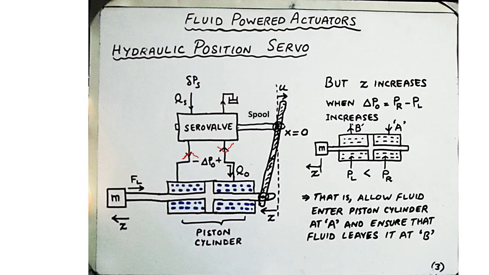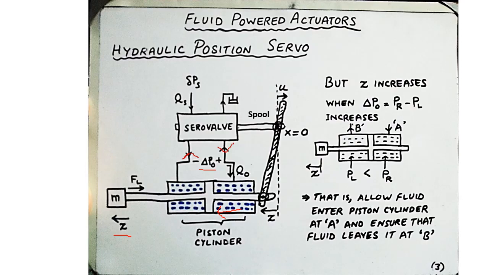However, the displacement Z is a consequence of the force applied to the piston over here. And that force must have come about due to the differential pressure exerted by the fluid on the piston.